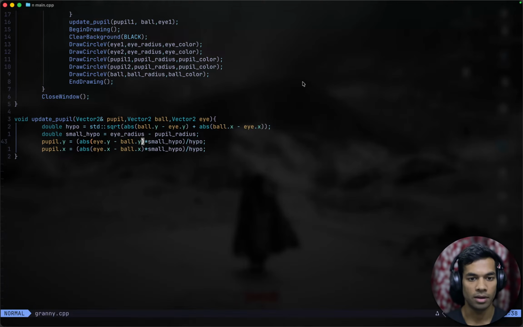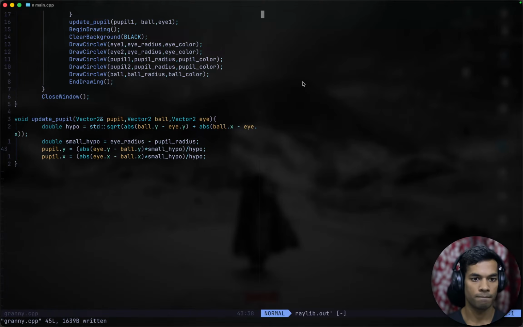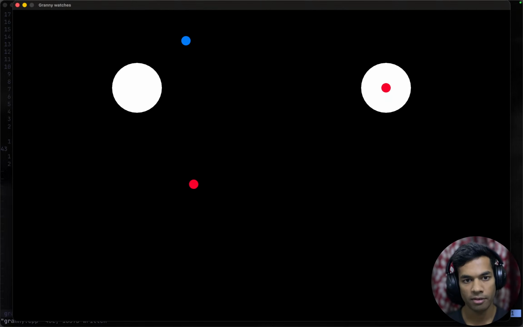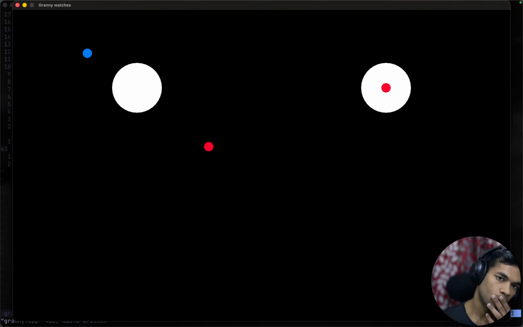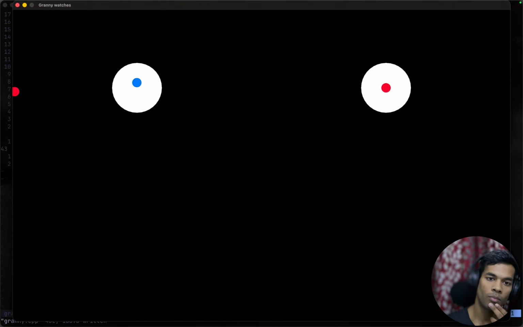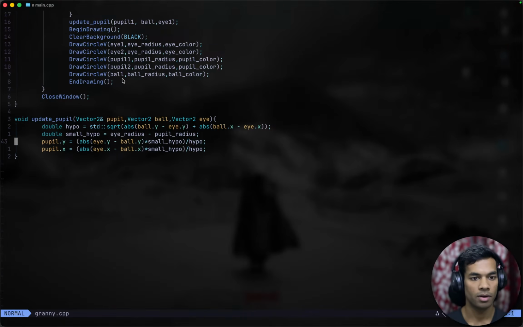Plus 0.0 float, if this is somehow a floating point problem, which it is not. Okay. The problem is here. We are moving more than we should be moving. That is the problem. And sometimes we are moving less than what we should be moving.